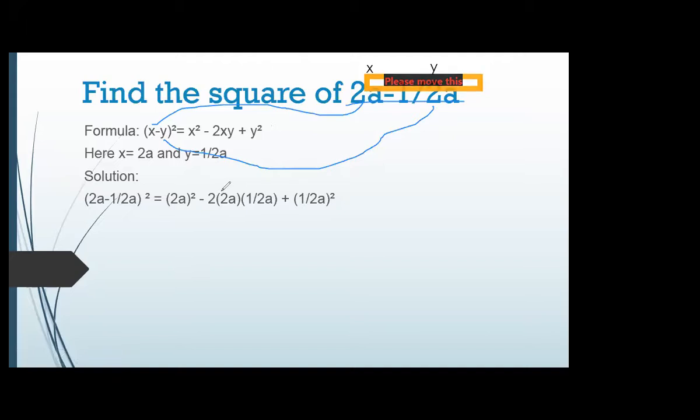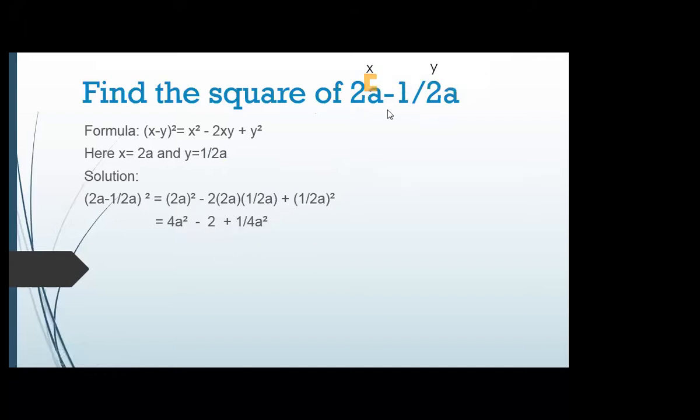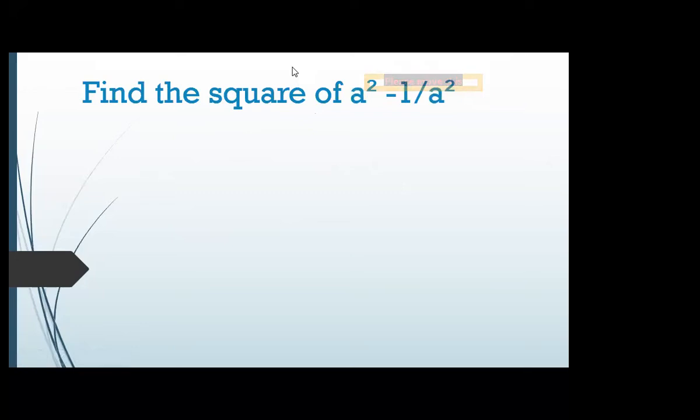Now 2a ones are 2a, 2a ones are 2a, they are going to be cancelled, and we get minus 2 ones are minus 2. So here we get 4a square minus 2, because 2a multiplied with 1 over 2a is cancelled, and we get plus 1 over 4a square. Okay, clear?